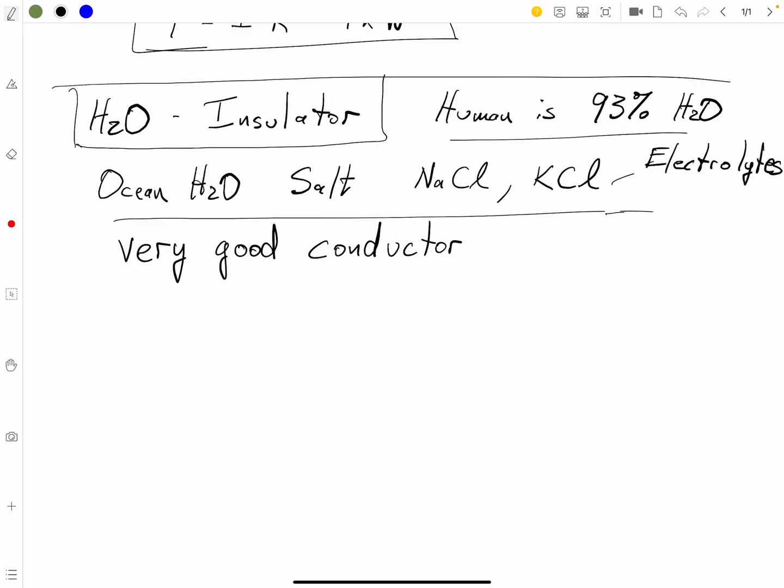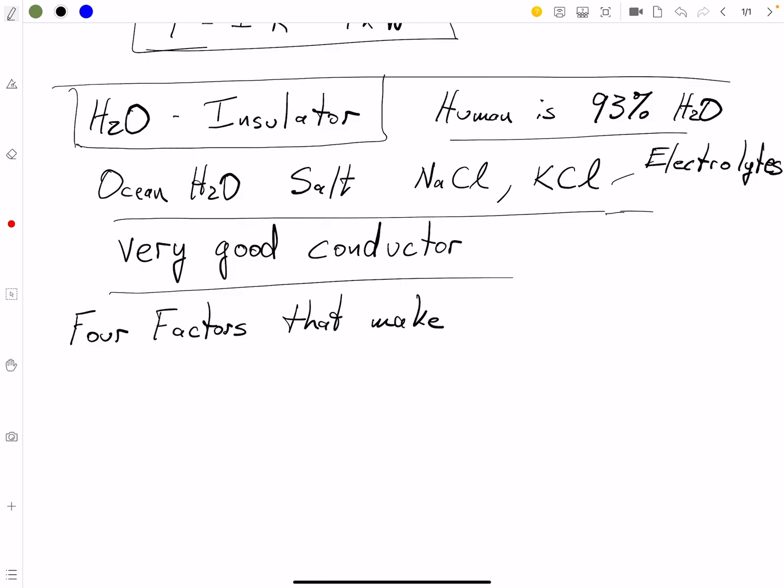So there are 4 factors that make an electric shock through humans bad or worse.